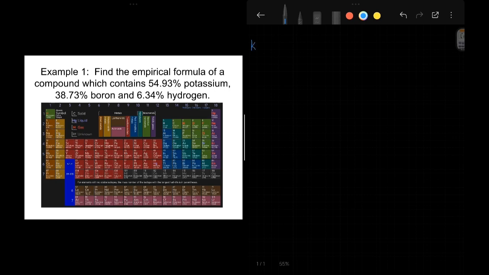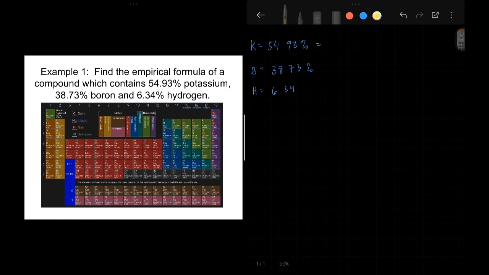Lagyan natin dyan K, that is our symbol for potassium, which has 54.93%. Next, we have boron, that is 38.73%. And then we have hydrogen, that is 6.34%.